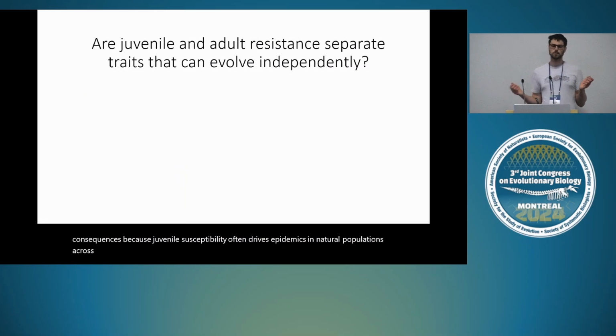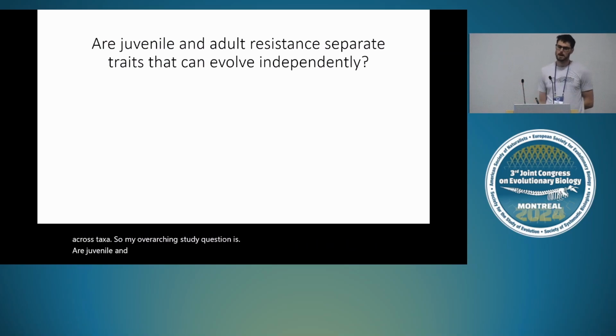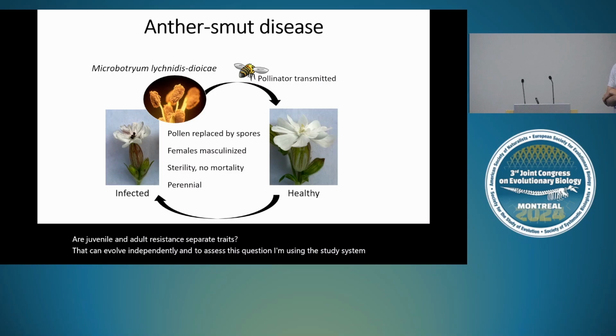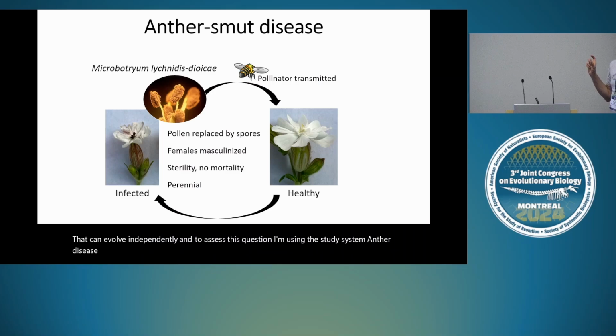So my overarching study question is: are juvenile and adult resistance separate traits that can evolve independently? To assess this question, I'm using the study system anther-smut disease and its plant host, Silene latifolia.